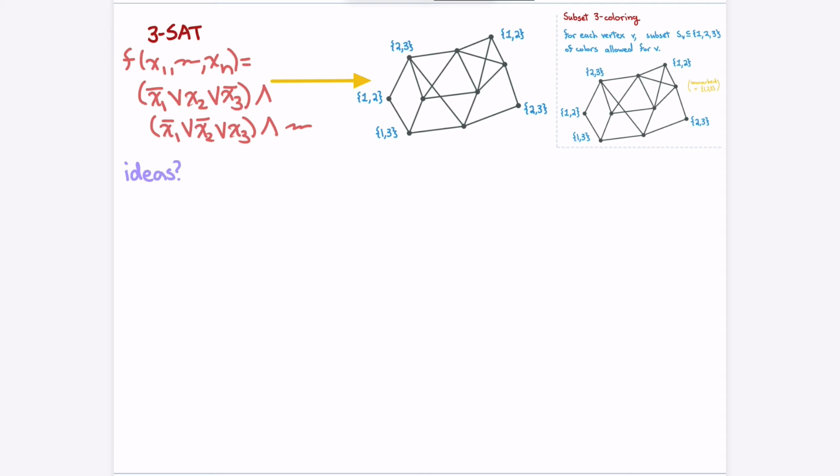Oh, okay. So I have a node representing x1 or x2 or x3. And then I have 3 colors, which I guess is something like x1 equals true, x2, x3.